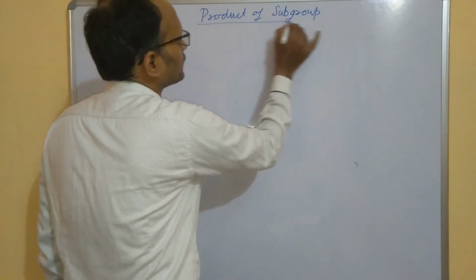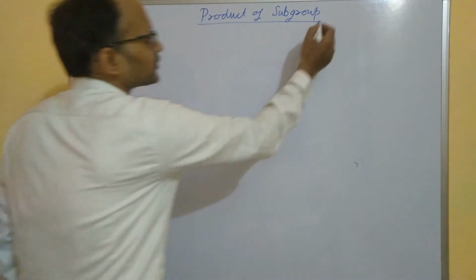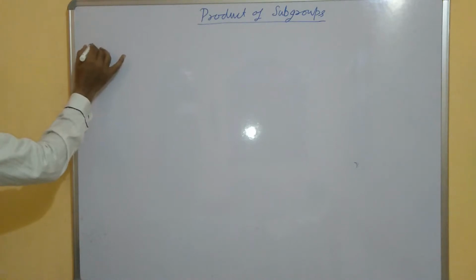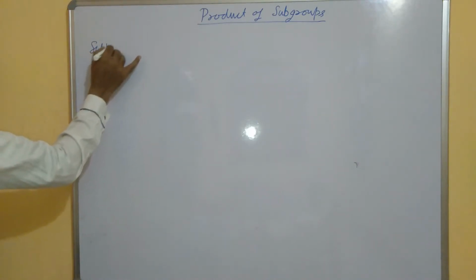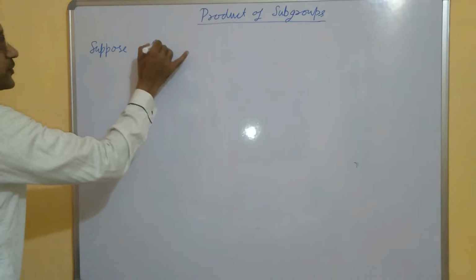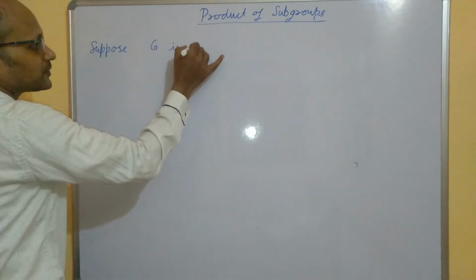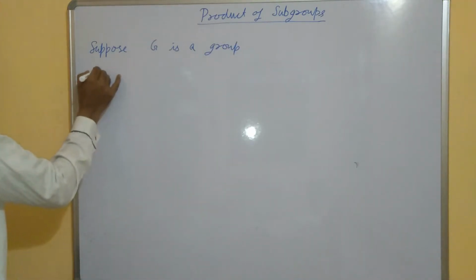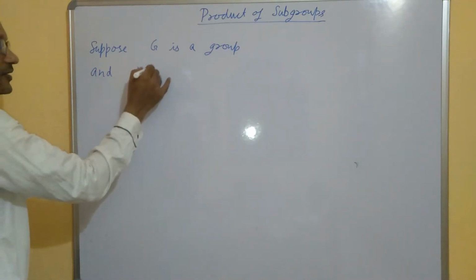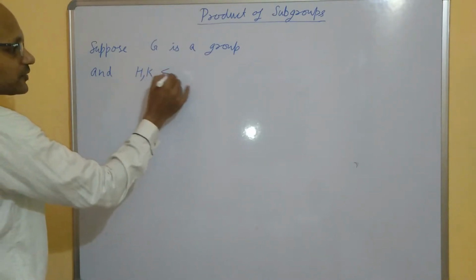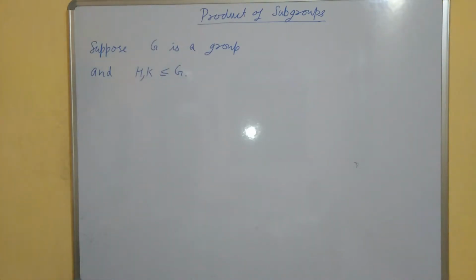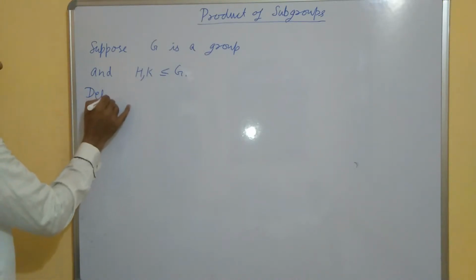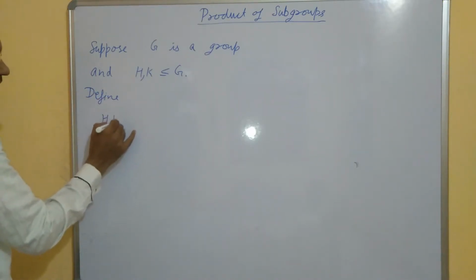So, product of subgroups. Suppose that G is a group and H, K are two subgroups of G. Now define HK.